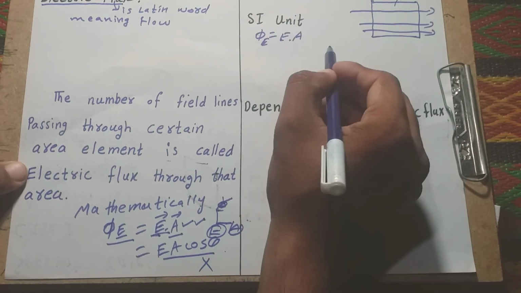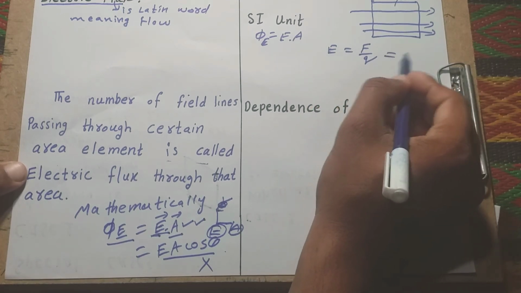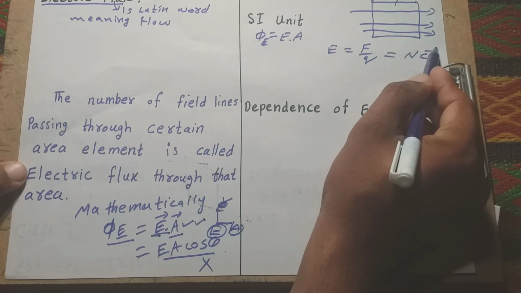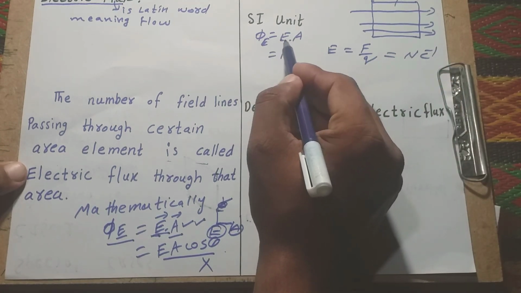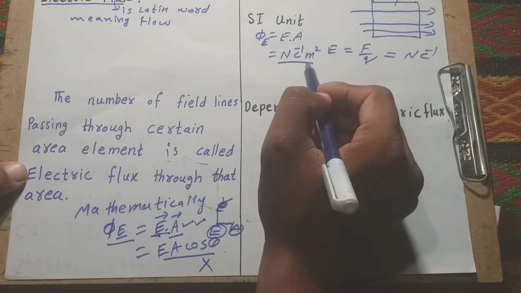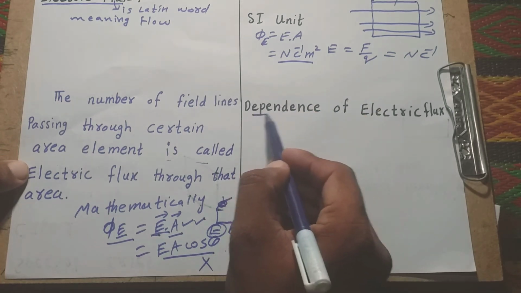We know that E is equal to F over Q. The unit of F is newton, and of Q is coulomb, and the unit of area is meter squared. Newton per coulomb meter squared is the unit of electric flux.